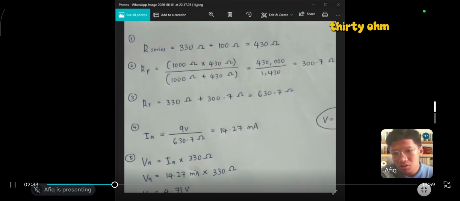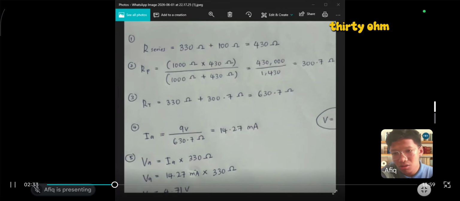Step 3. Now this whole block is in series with our front resistor RA. Therefore, the total equivalent resistance RT presented to the 9-volt battery is RA plus R parallel.